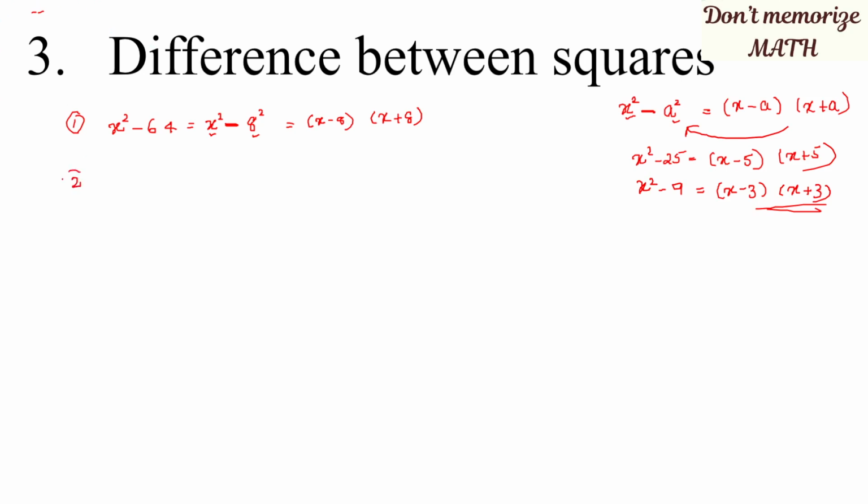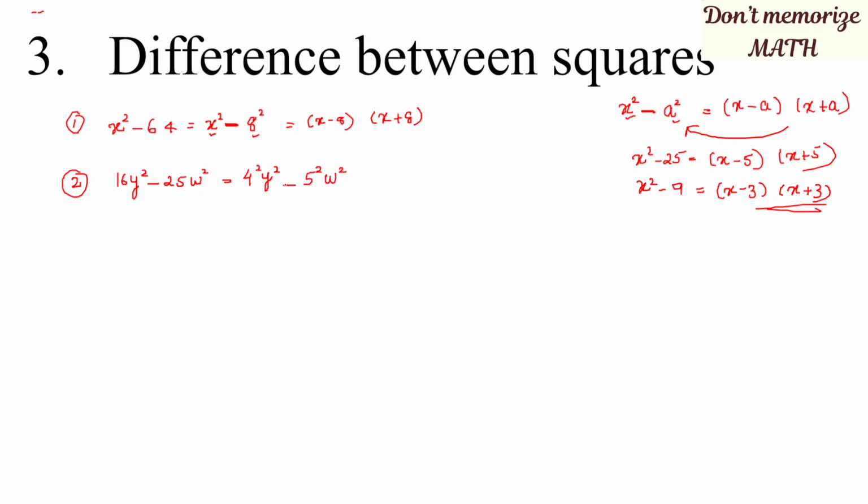The second type, I will write the question: 16y square minus 25w square. It is the same as the first one. The thing is, with y square we have one more number. What is 16? 16 is 4 square. So you can write 4 square y square minus 5 square w square.